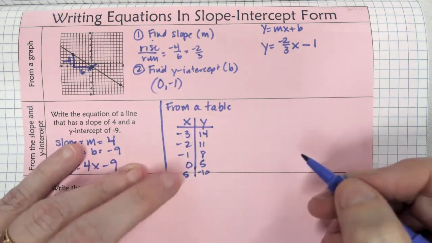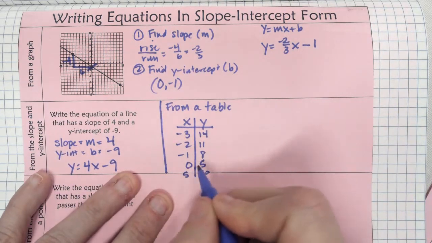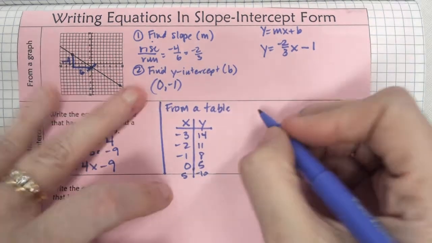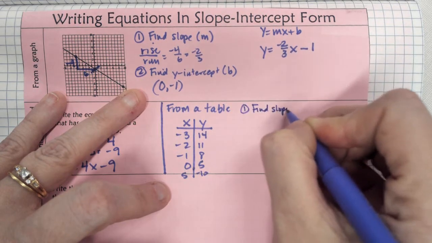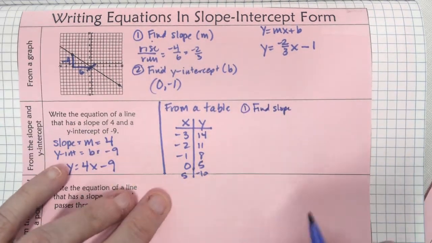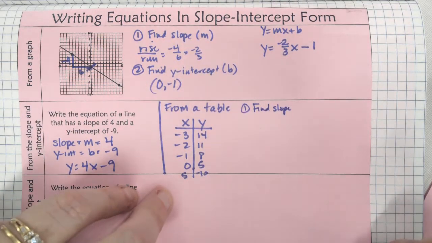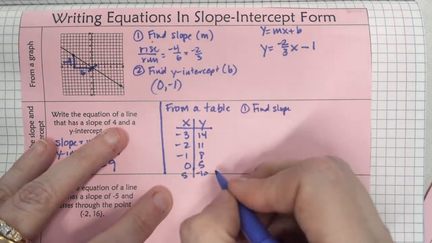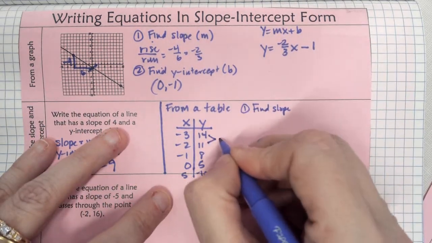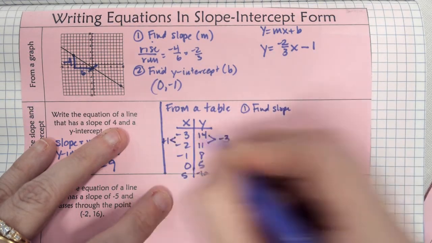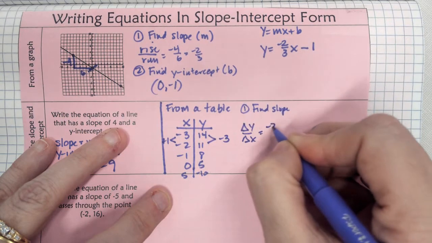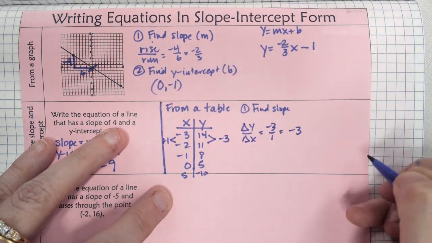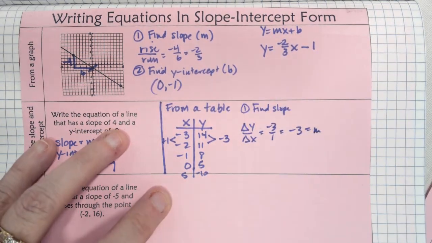Again, the first thing we want to do, and yes, we know the y-intercept is jumping out at us, but that's okay, is find slope, which in this case is delta y over delta x. Or use the slope formula if you like it, but I'm going to use delta y over delta x. So this is minus 3 over plus 1, so my delta y over delta x is negative 3 over 1, which is negative 3, which is my slope.